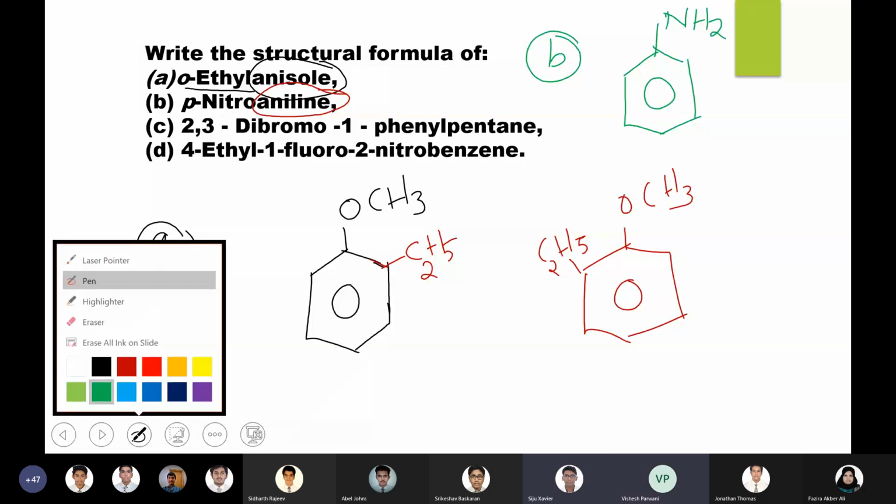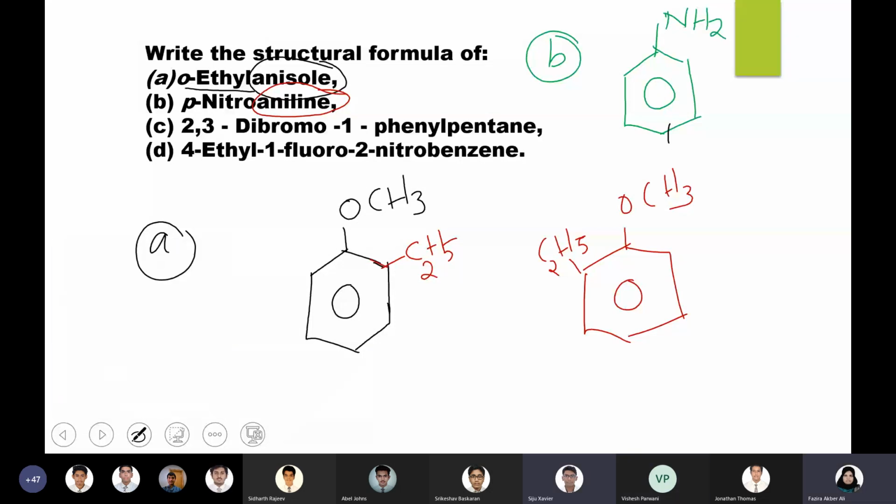The one opposite to it. Yes, Siju. So this will be NO2. Para-nitroaniline. Is that clear now? Is it better?